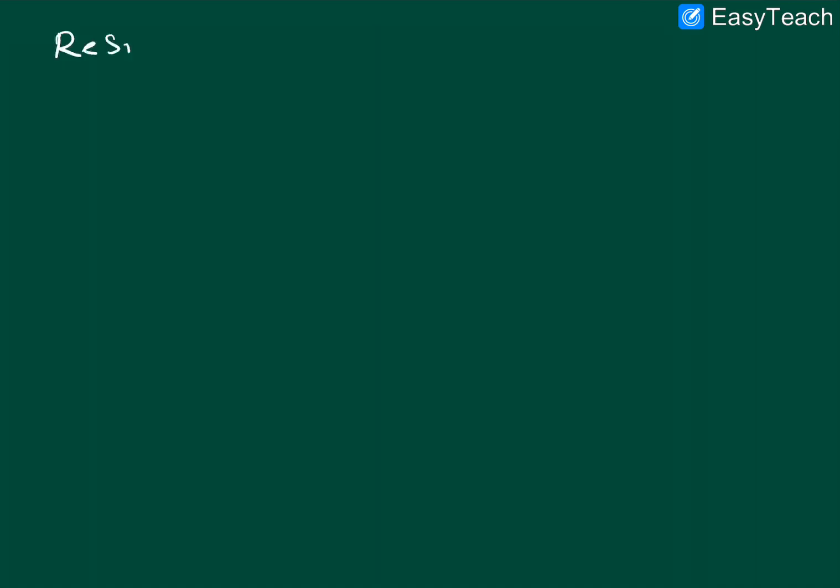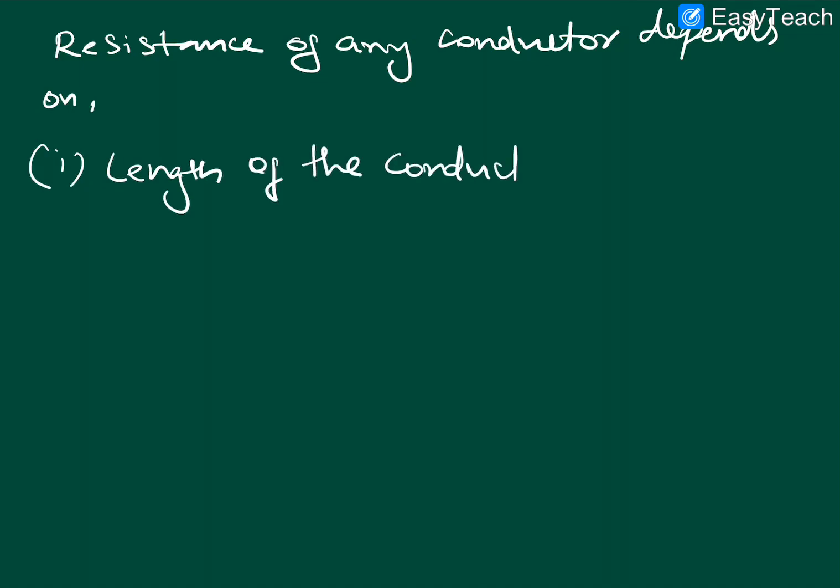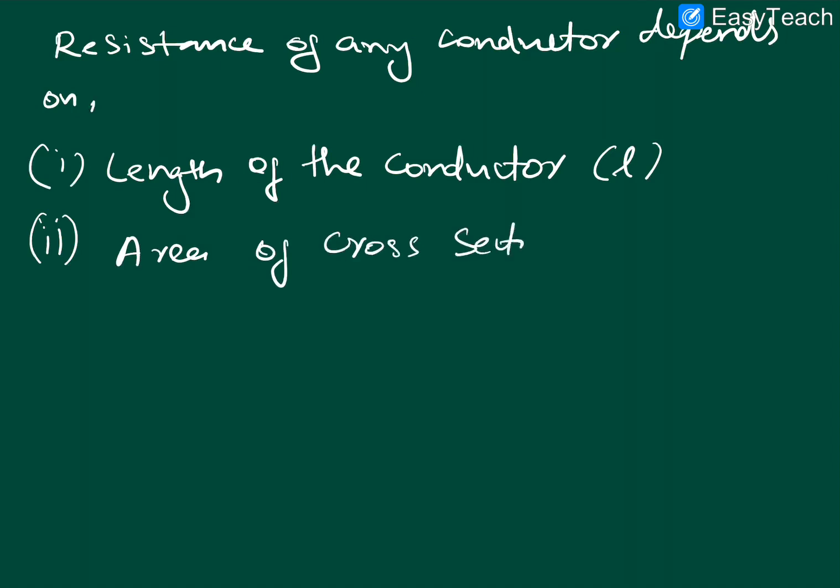Now resistance of any conductor depends on several factors. First one, length of the conductor, L. Second one, area of cross section, A. Third one, nature of the material.